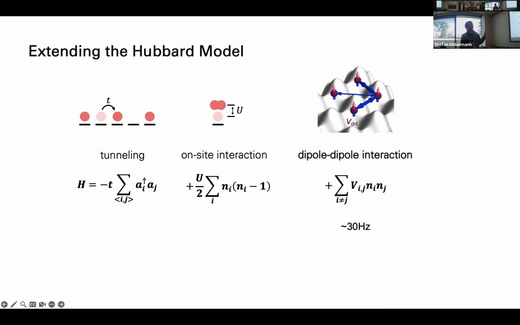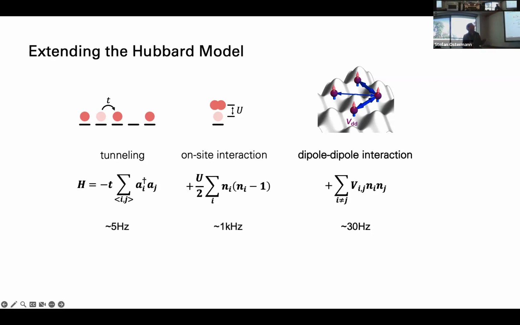And now we have this 30 Hertz dipole-dipole interaction between neighboring sites in the lattice, which makes a long range interaction that falls off like 1 over r cubed. And in addition, we can actually orient the dipoles arbitrarily just by changing our magnetic field, and the spins will follow that. So this interaction is 30 Hertz, right? Can we bring this into a regime where this is dominant?